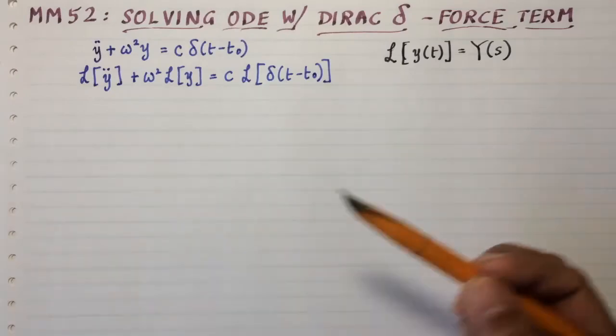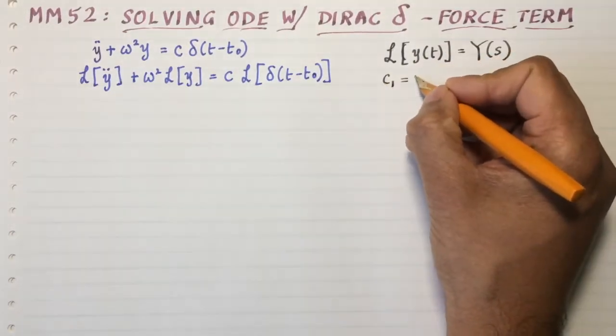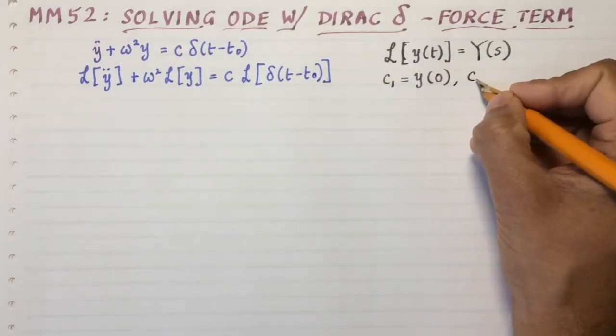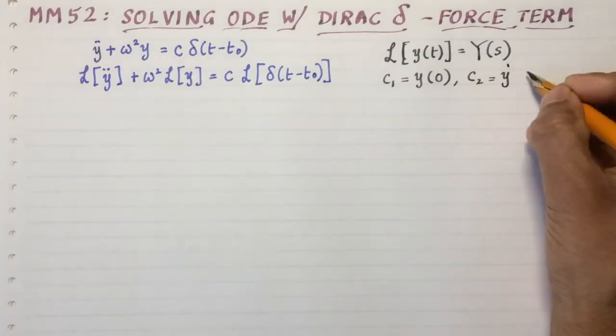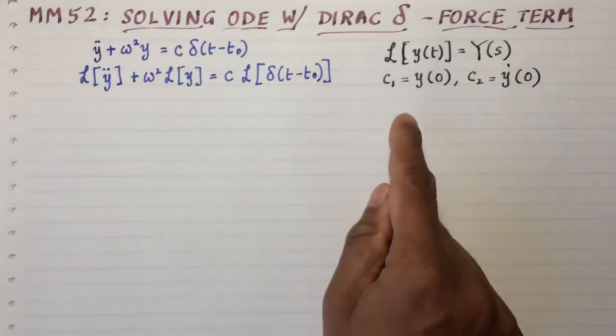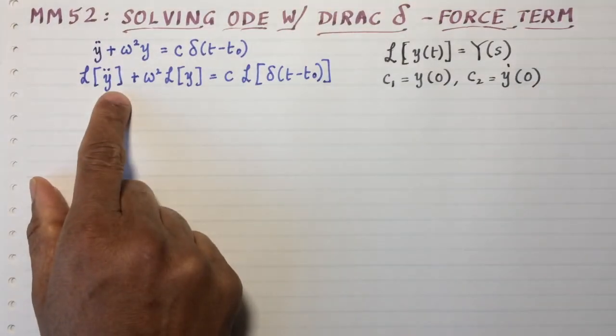Let me assume that some initial conditions are given. So let me call C1 the value of y at 0 and C2 the derivative of y at 0, because we need the initial conditions to isolate the Laplace transform of the second derivative.